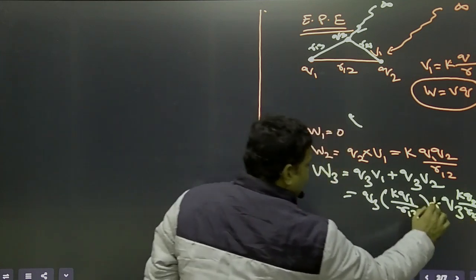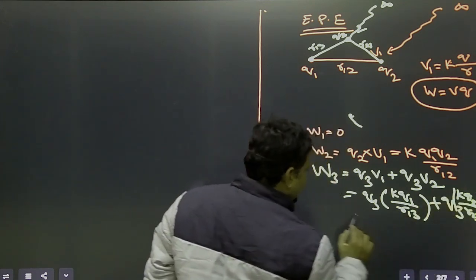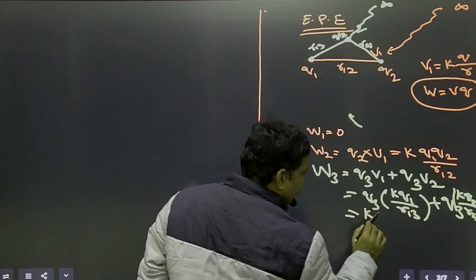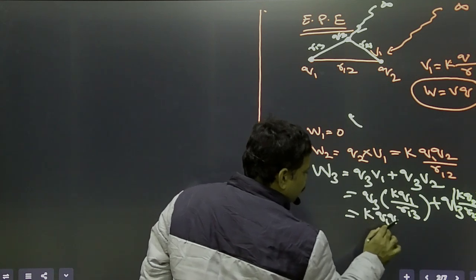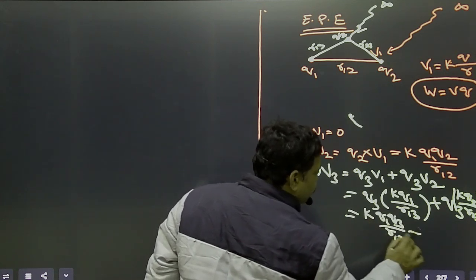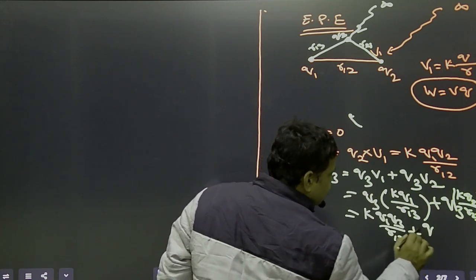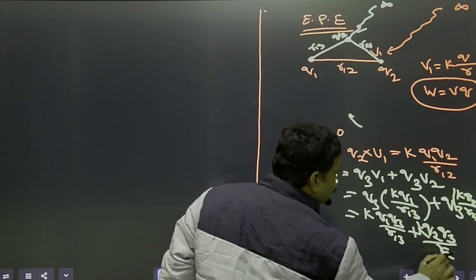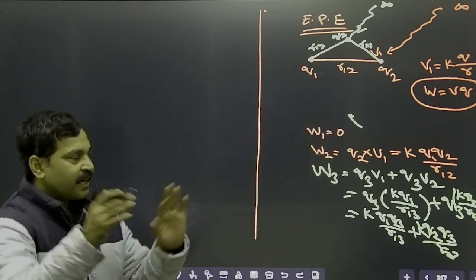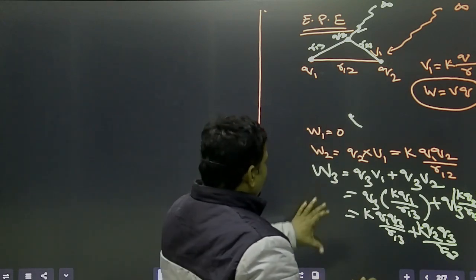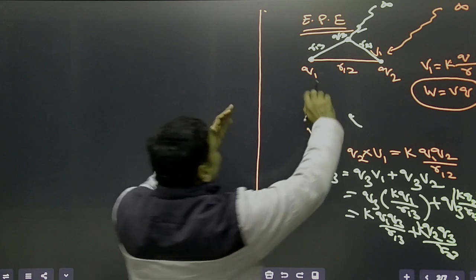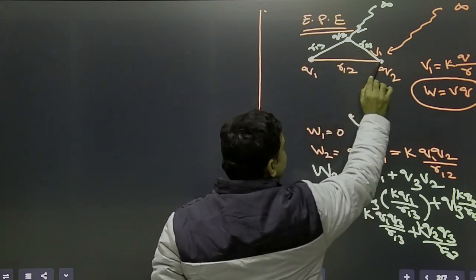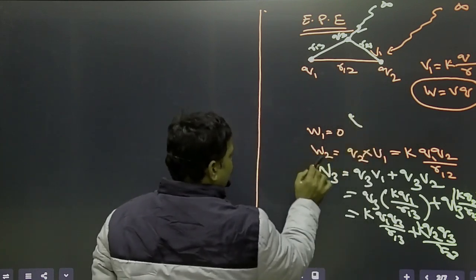If I calculate this, it will be k q1 q3 upon r13 plus k q2 q3 upon r23. So if I want to find the total work done, that is the electrostatic potential energy of a system of charges consisting of 2 charges, then this will be w1 plus w2.